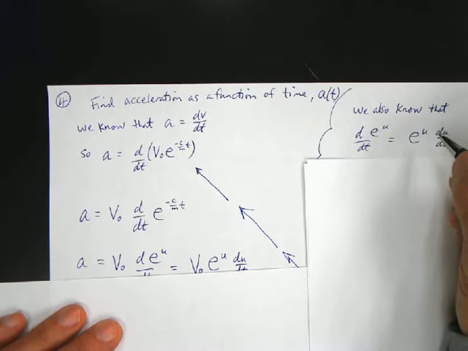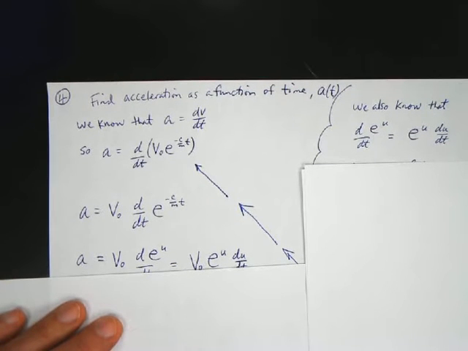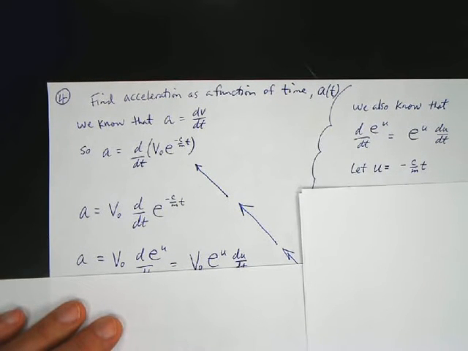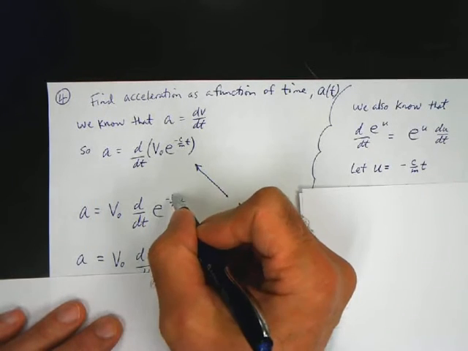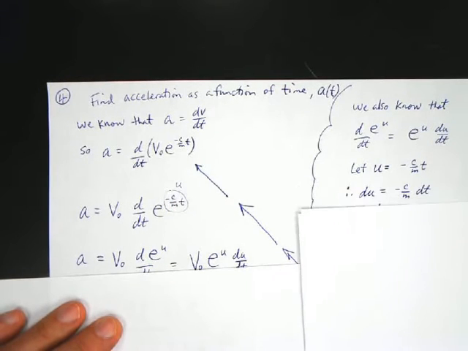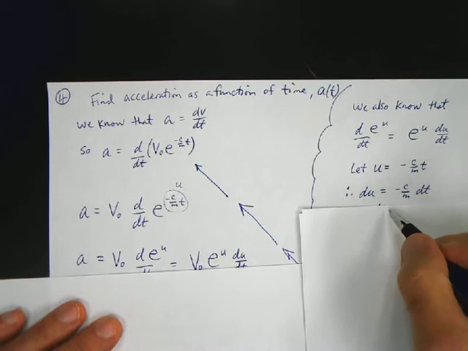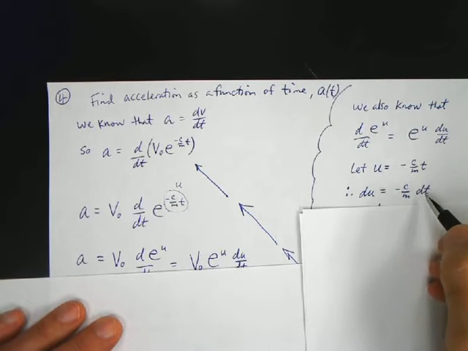Now, this looks complicated, so I'll just replace this complicated part here with u and do u substitution. So remember from our derivative formulas that the derivative of e to the u with respect to t is equal to e to the u times du dt. Okay, just a formula.